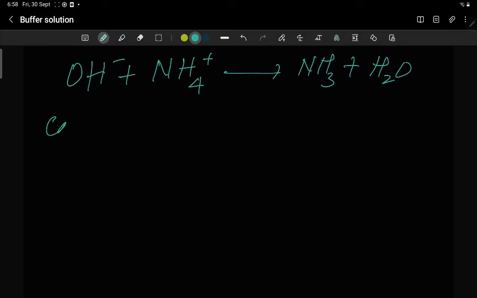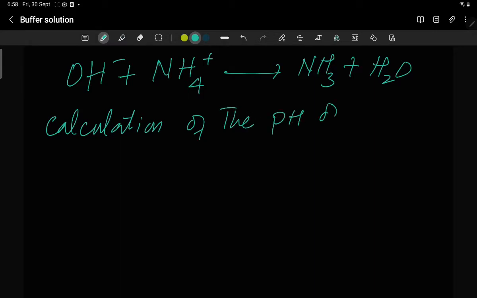So, calculations of the pH of a buffer. Suppose a buffer contains a weak acid HA and its sodium salt NaA. The acid ionizes as follows.